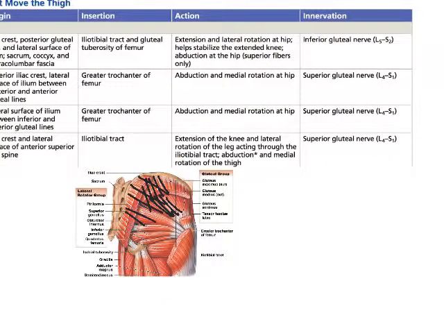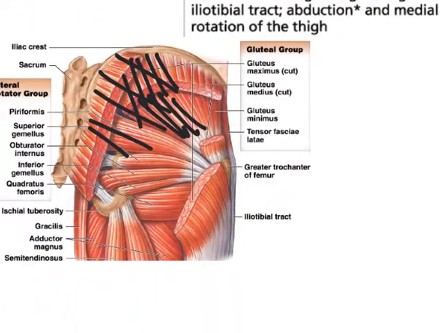So if we're looking at the action here for gluteus maximus, we can see it causes some extension of the hip. That would kind of be like backwards rotation. So again, if you just look here, if it's originating here and it's going to attach onto the lateral edge of the femur, when it contracts, it's going to pull the femur backward, extending the leg.